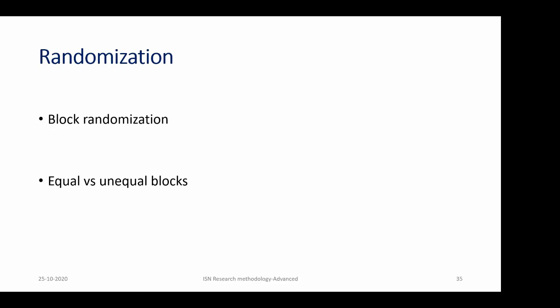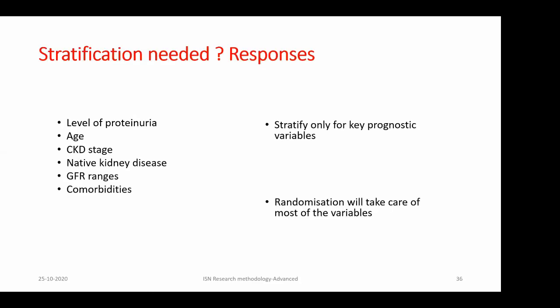If you know the allocation in the 3 patients, now you can predict which arm the fourth patient is going to. So this allows some scope of manipulation by the person who recruits. So if it's an open label trial, it's always better to go for unequal blocks rather than equal sized blocks.